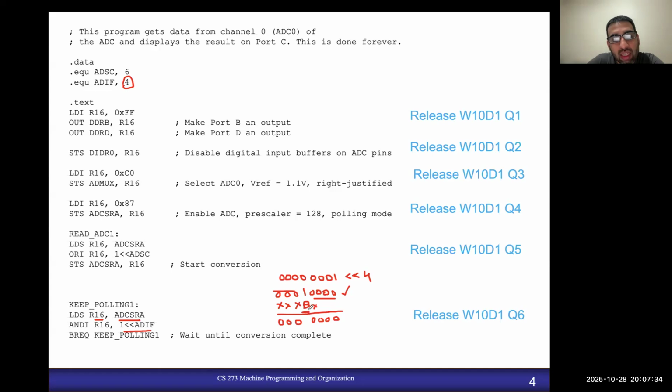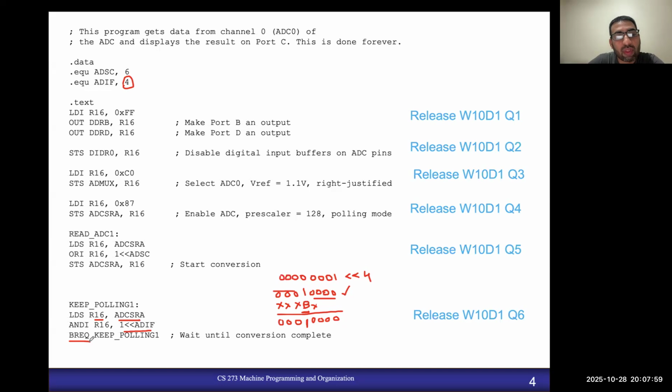Let's say the conversion is completed and the ADIF flag is set equal to 1 by the hardware. Then the result will be non-zero. In the next instruction, I'm saying check branch if equal. Remember what the branch if equal instruction does?